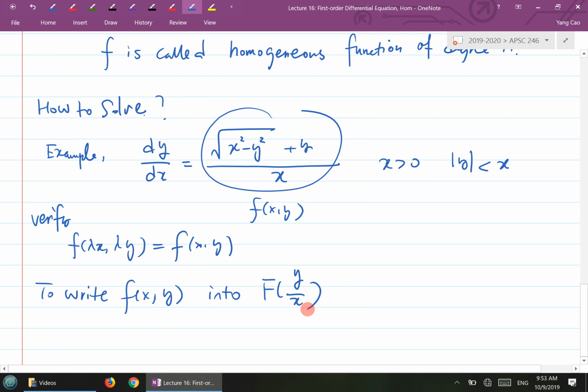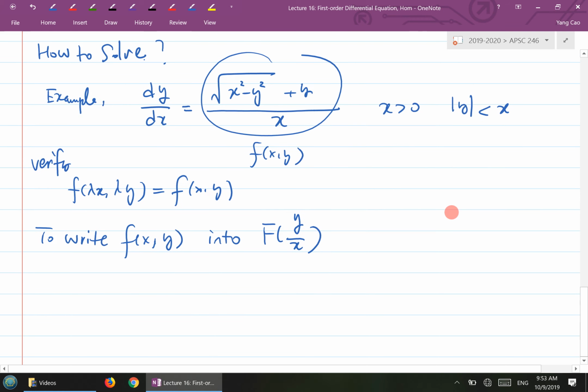So how do we do that? You look at the terms in here, and we're going to try to write as much as possible, instead of x or y, into the y over x ratio. Let's look at how that works for the current function f.